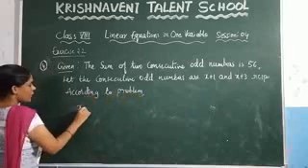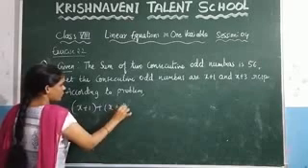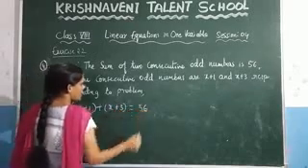You can write it here x plus 1 plus x plus 3. That means if you add these two numbers, you have to get the result as 56.